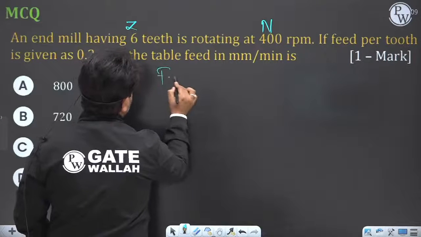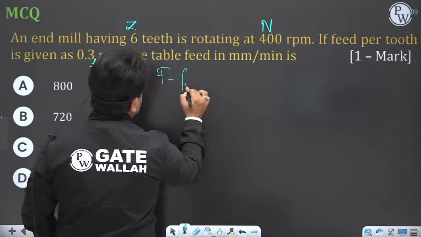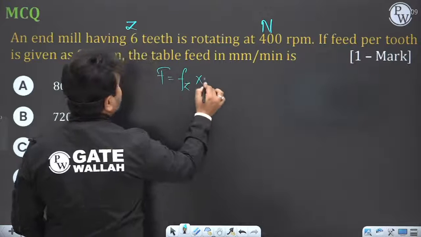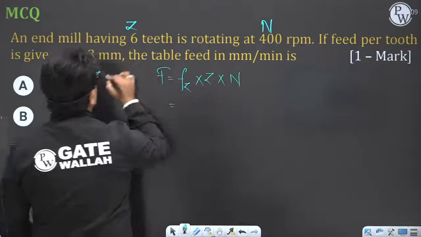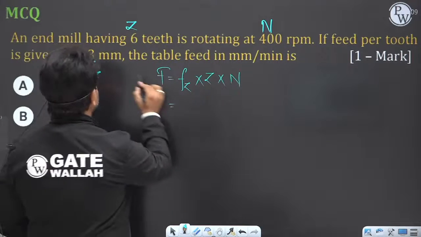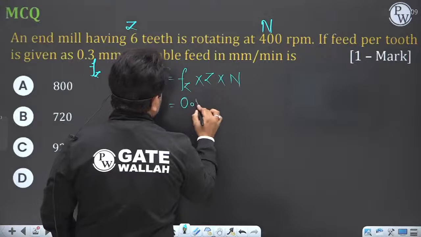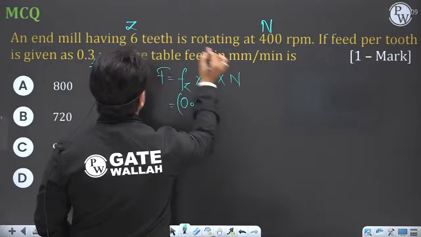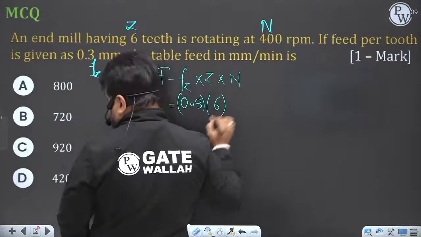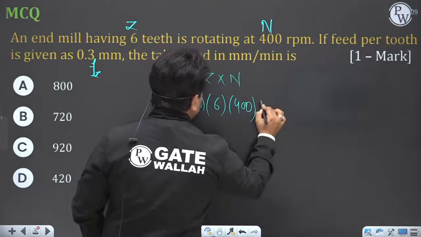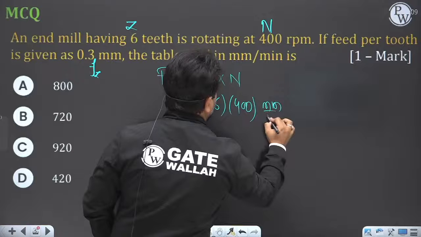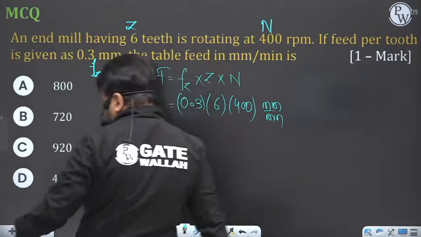As you know, the table feed equals Fz into number of teeth into RPM, where Fz is the feed per tooth. Fz is 0.3, number of teeth is 6, and the RPM is 400.